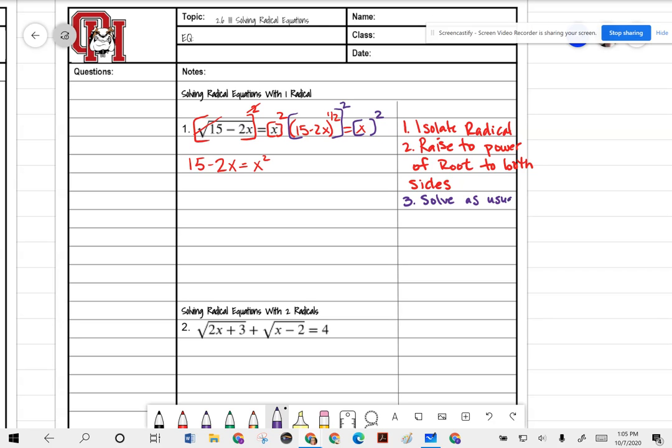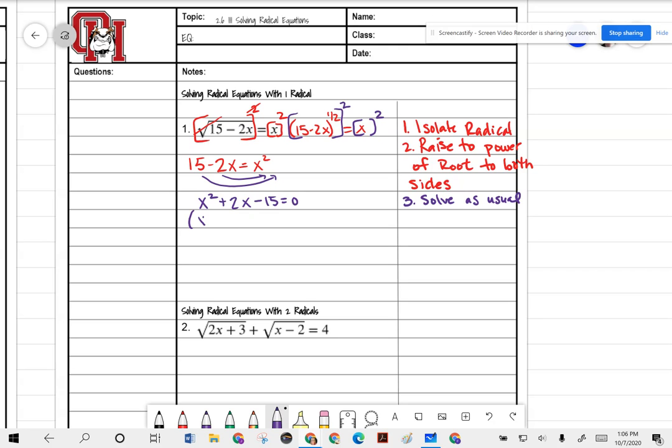Since this equation is quadratic, I'm going to set it equal to 0. So I'm just going to move all of these over to the other side so that I get x squared plus 2x minus 15 equals 0. And from here, I can try to see if it's factorable.